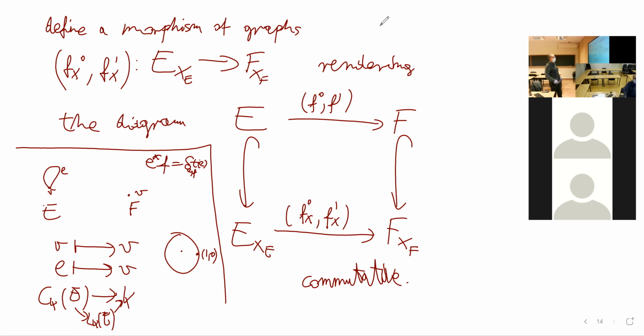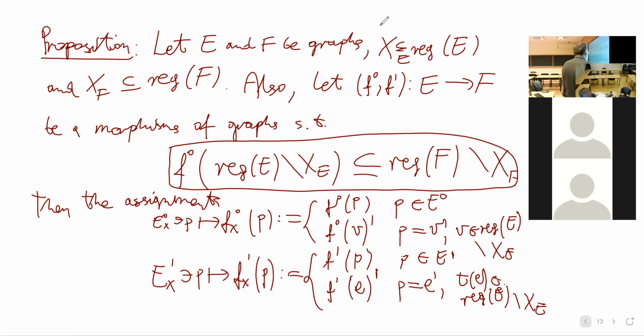So you cannot see functoriality of this EX construction in this more general category where you take path morphisms of graphs. But here, with just one additional assumption, you don't need anything else. You just need this assumption, and then you can convince yourself that under this obvious natural assumption, this construction is functorial, which is important.